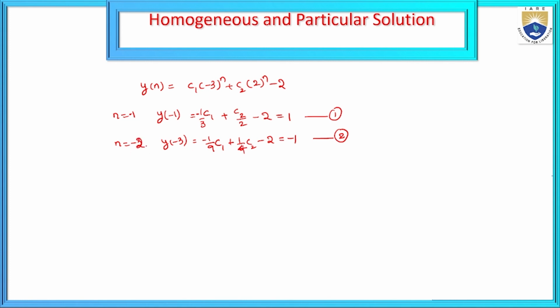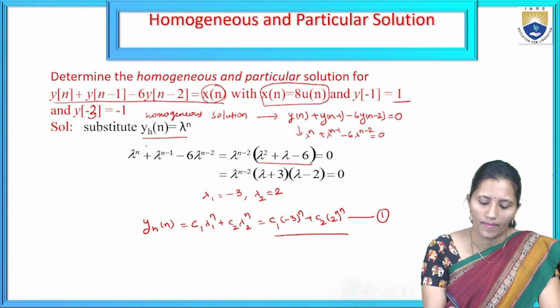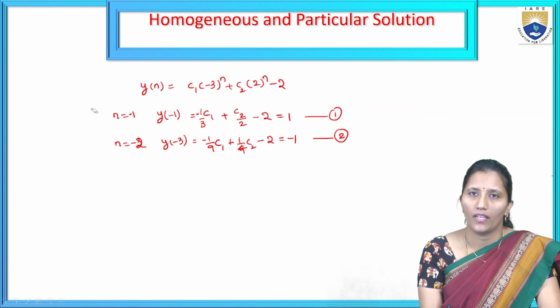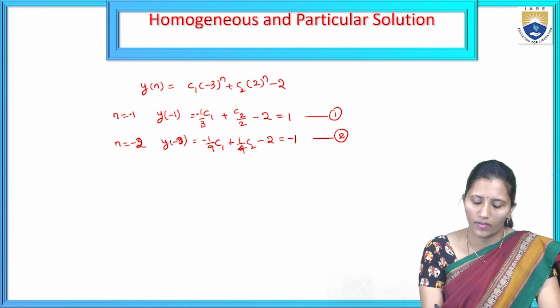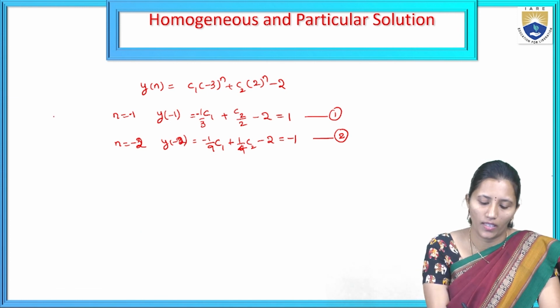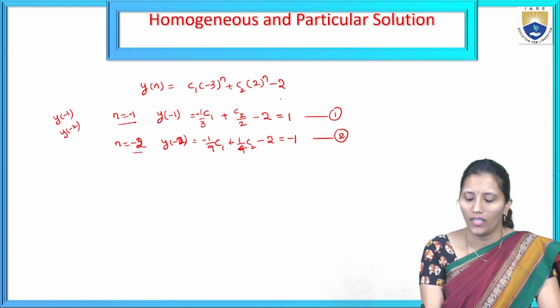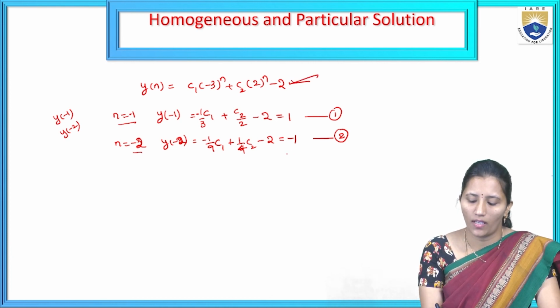Sorry, it is n is equal to minus 2 only. So substitute n is equal to minus 2, with the value of y of minus 2 from the initial condition they gave, minus 1. Substitute these values n is equal to minus 1 and minus 2 in this equation, and you will get two equations, and solve these two equations.